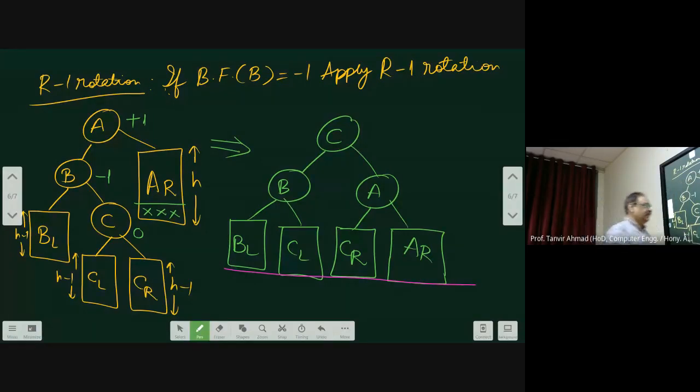Now let us check what is the height of AR is h. No, sorry, h minus 1. Got deleted 1. What is the height of CR is h minus 1. What is the height of CL is h minus 1. What is the height of BL is again h minus 1.